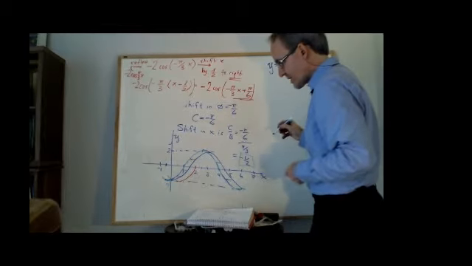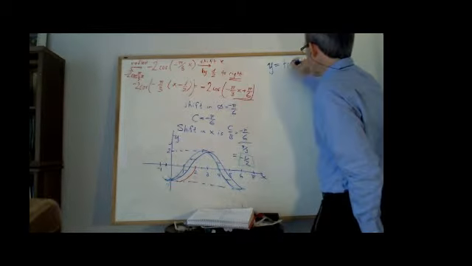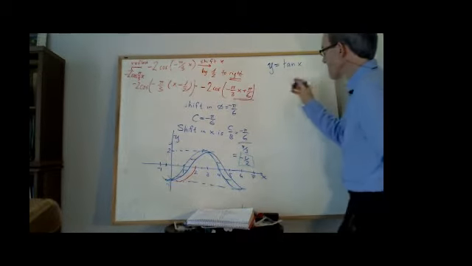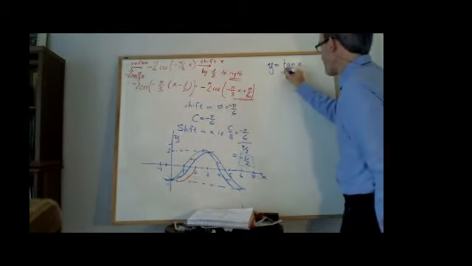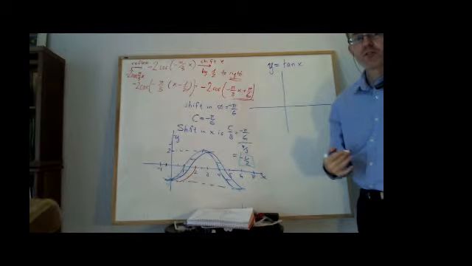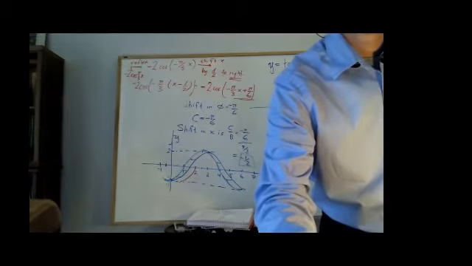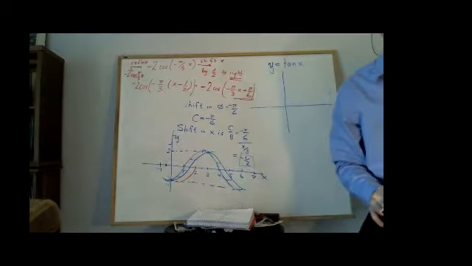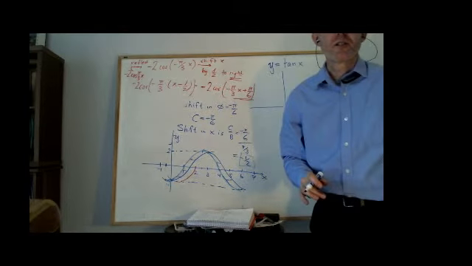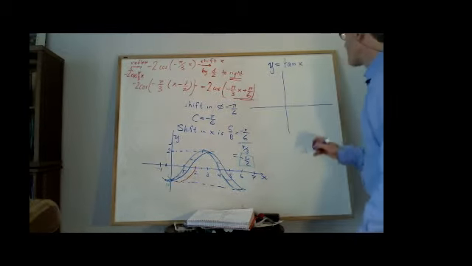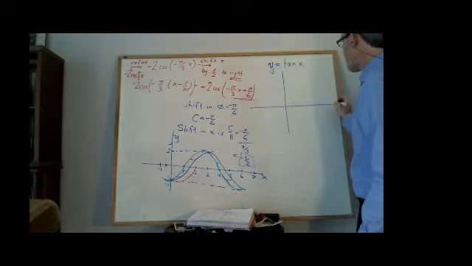The tangent function is simply y is tan x. So let's look at what that graph looks like now. We did the basic graphs for the sine of x and for the cosine of x. So now I would like to do the tangent of x. And x again is measured in radians.